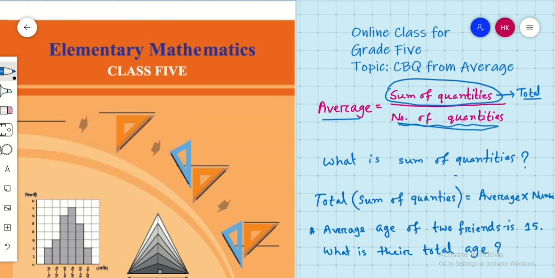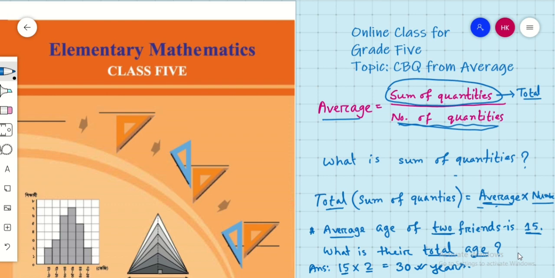The average is given and there are 2 friends, so we need to find the total age. We know total is equal to average times number, so the answer will be 15 times 2, because 15 is their average age and 2 friends are there. 15 times 2 is 30. So their total age is 30 years. I hope you understand. Today we will just use this formula to solve the questions.